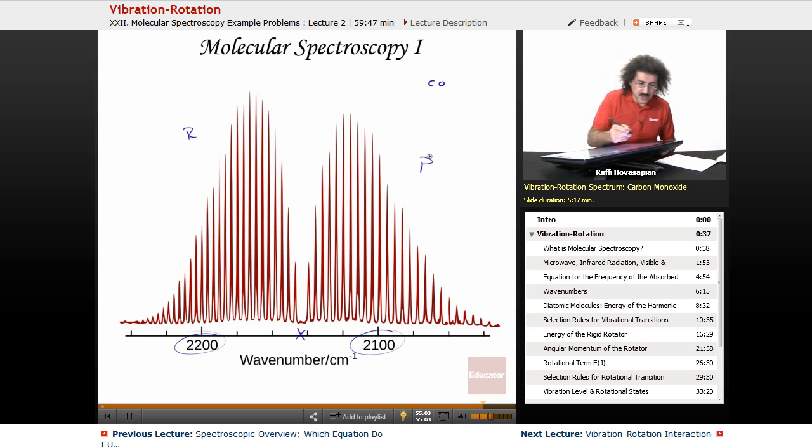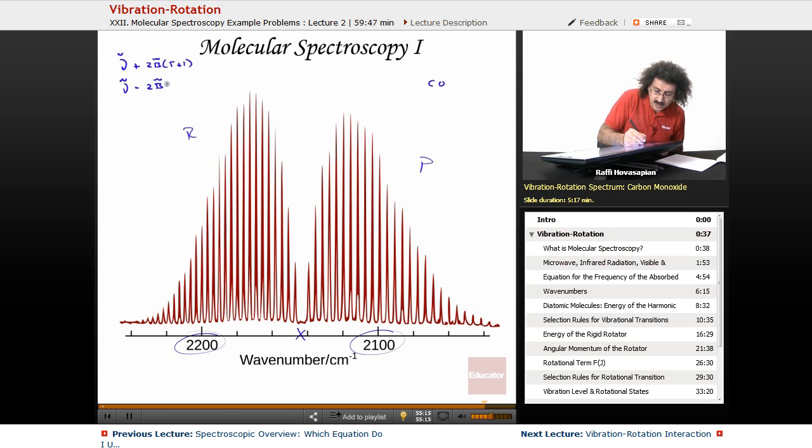Because the equation is nu plus 2b times J plus 1 and nu minus 2b J, the difference in the spacings, the difference between the lines, is 2b.